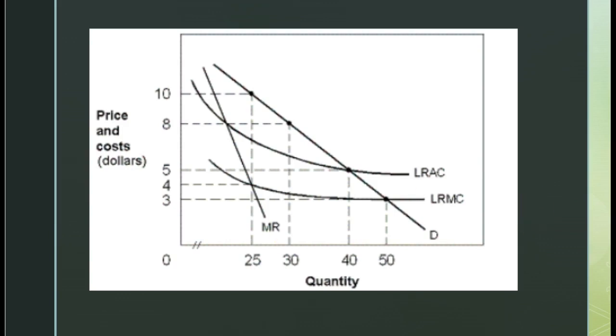Now, in a different question, you would have to understand if the industry is regulated and the regulatory commission wants revenue to just cover costs. The proper price and output is going to be a little bit different. We would look here and see that our cost is $5 and our output is 40. So in a regulated way of looking at it, we would want 5 and 40.